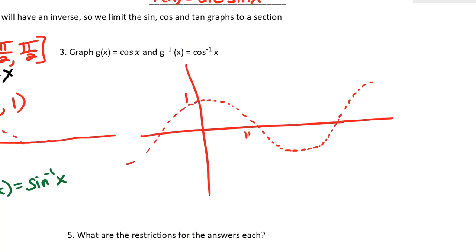So we had the points pi over 2, pi, 3/2 pi, and 2 pi. So again, we can see the problem with our cosine wave here is that it fails the horizontal line test. So we have to restrict the domain. Now notice we can't go from negative pi over 2 to pi over 2 this time, because that would fail this horizontal line.